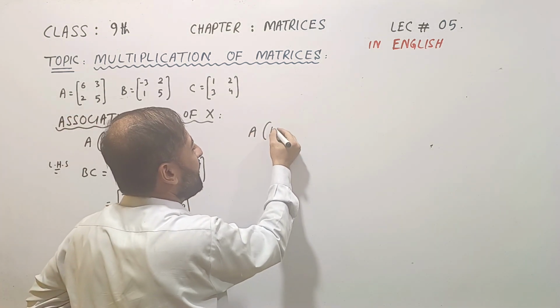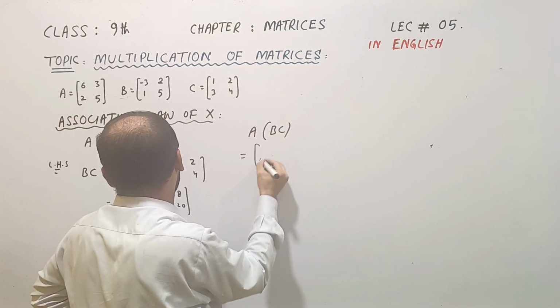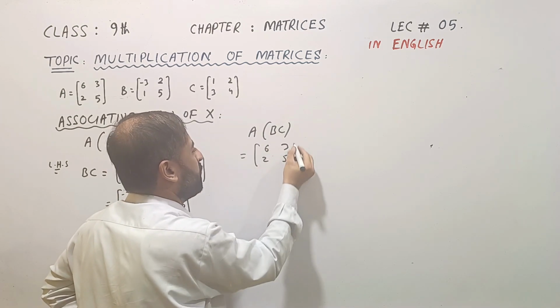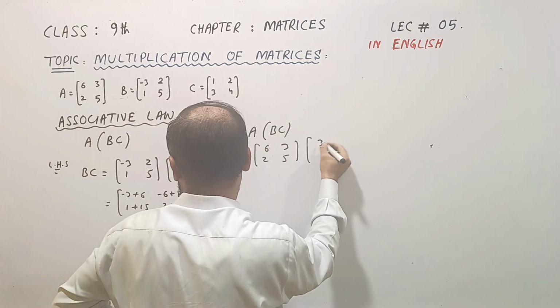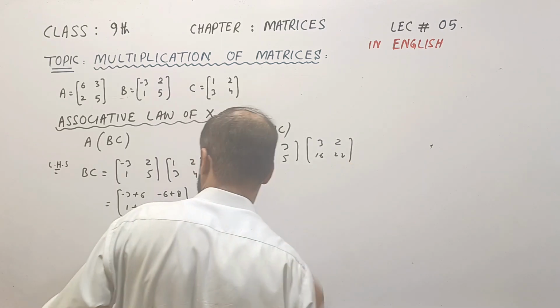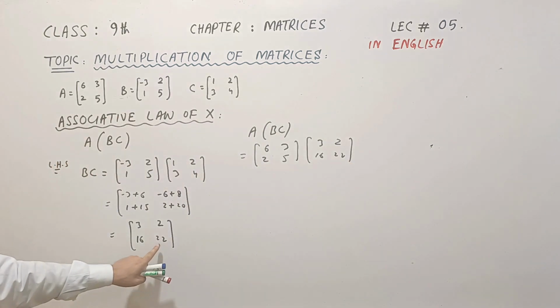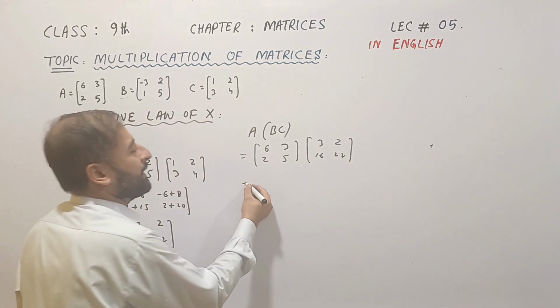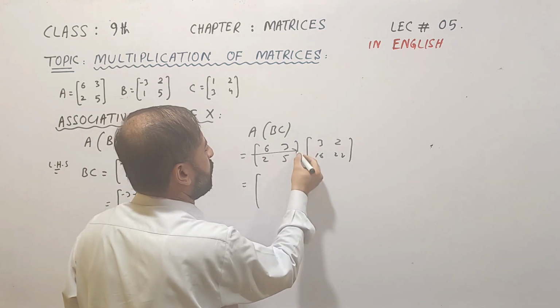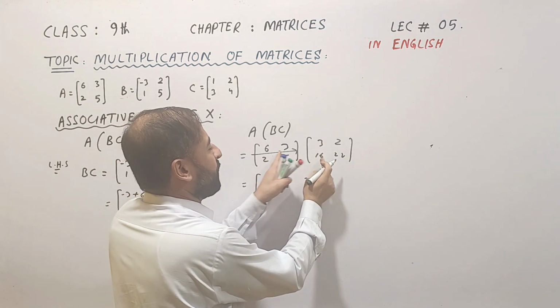A multiplied by BC. This is matrix A, 6, 3, 2, 5, and BC is 3, 2, 16, 22. Just multiply them. First row, first column, 18 plus 48.